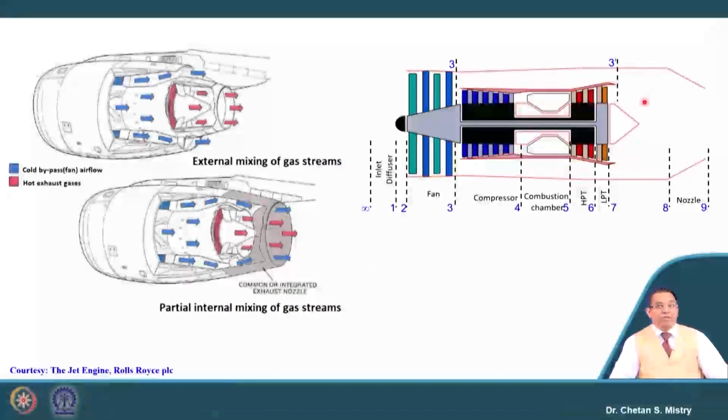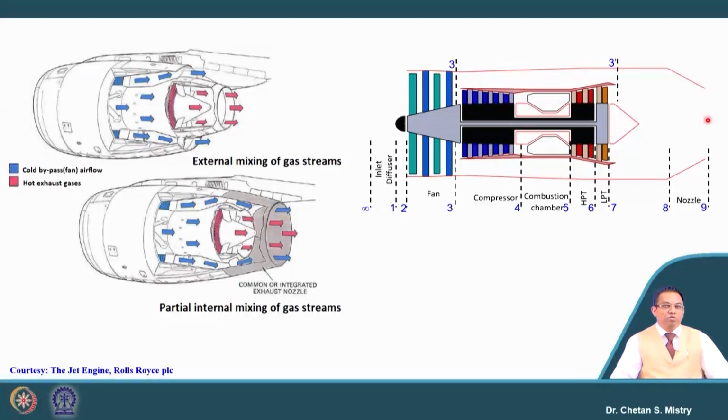You can understand that when the mixing happens, the temperature goes lower, and with that temperature and pressure my flow enters the nozzle, and this is a single nozzle, not two separate nozzles. Here we have a single nozzle, from where the exhaust gas comes out.